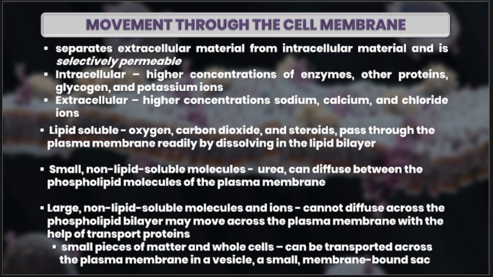Inside the cell, there are higher concentrations of enzymes, other proteins, glycogen, and potassium ions. In the extracellular space, outside the cell, there are higher concentrations of sodium, calcium, and chloride ions.